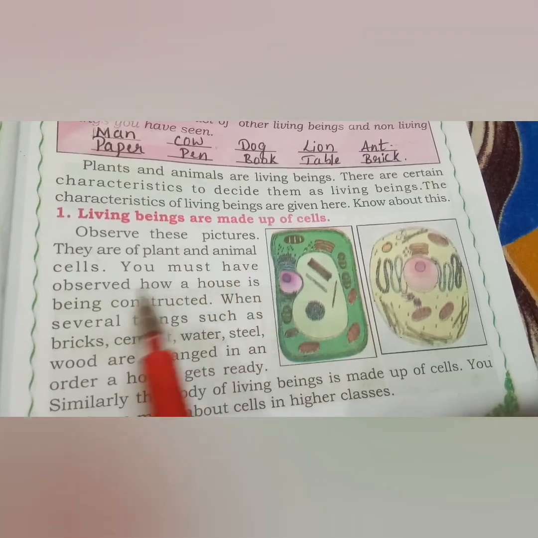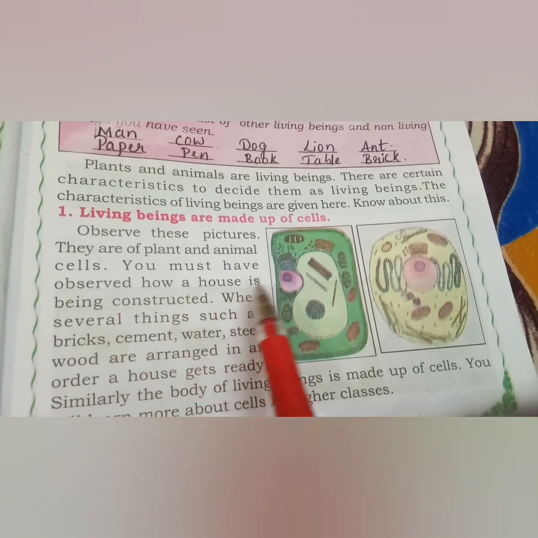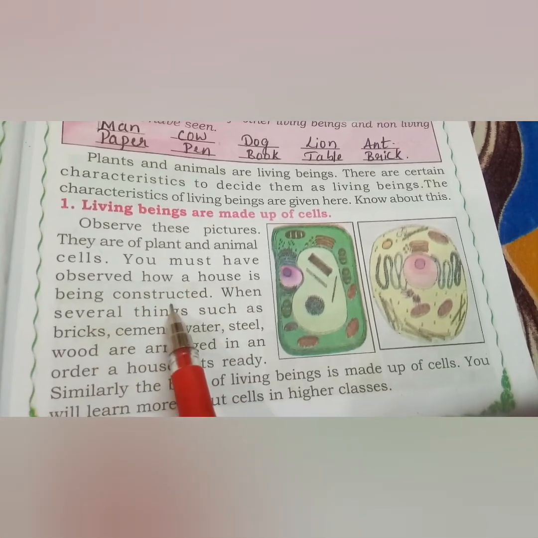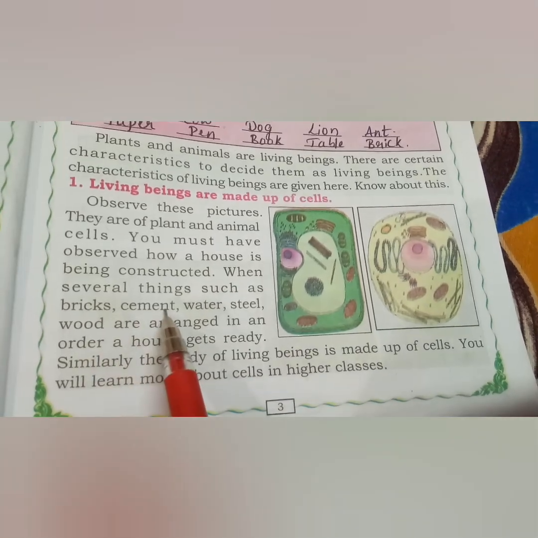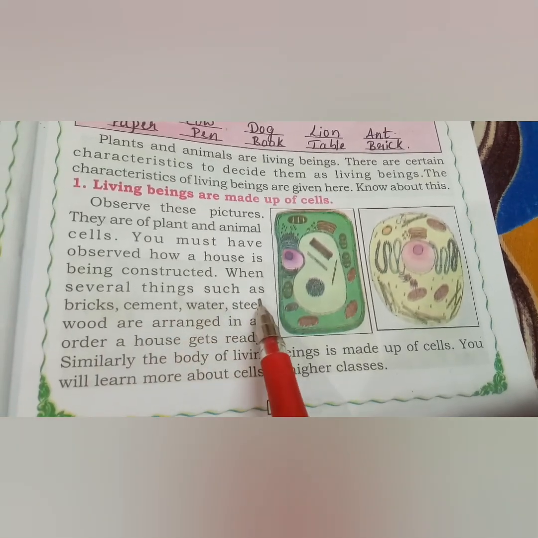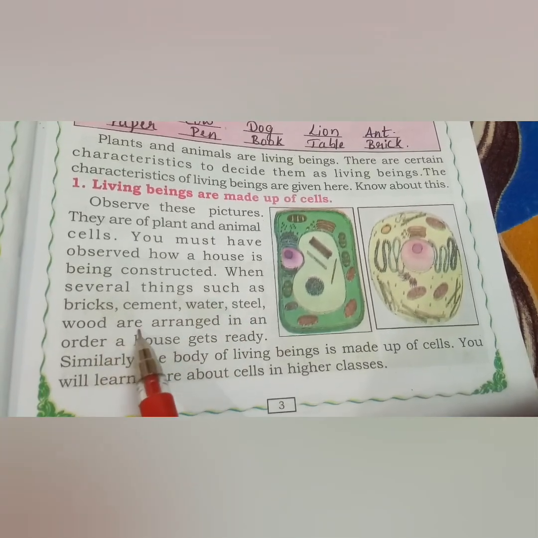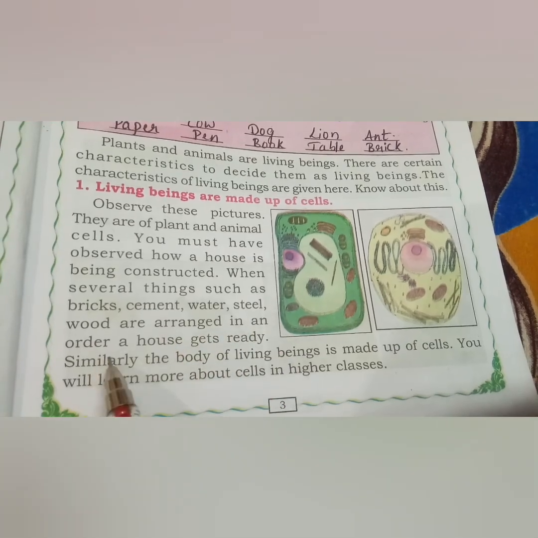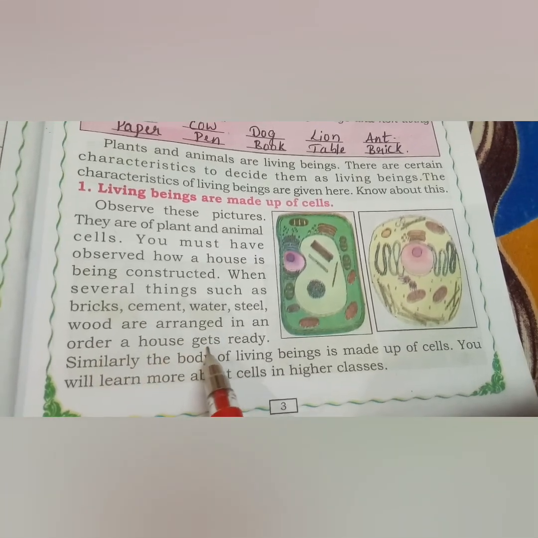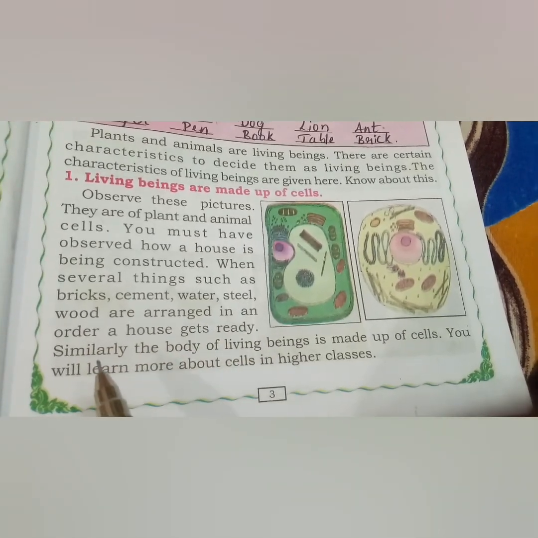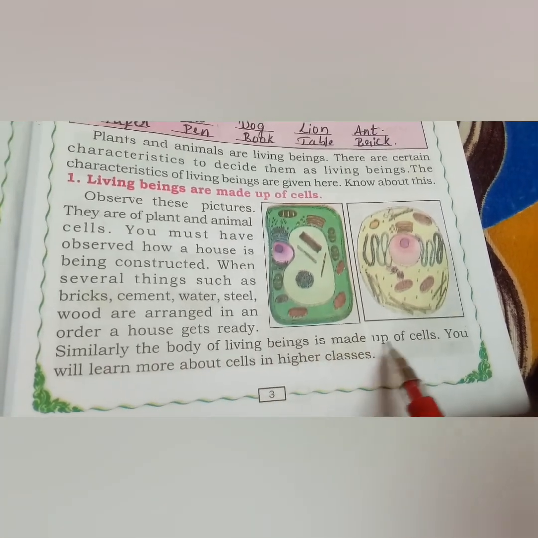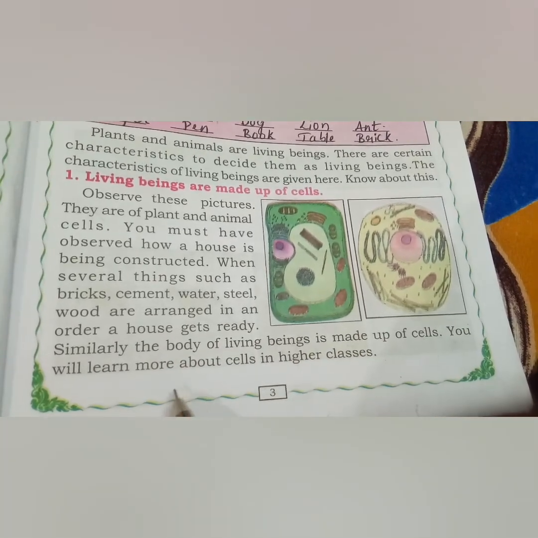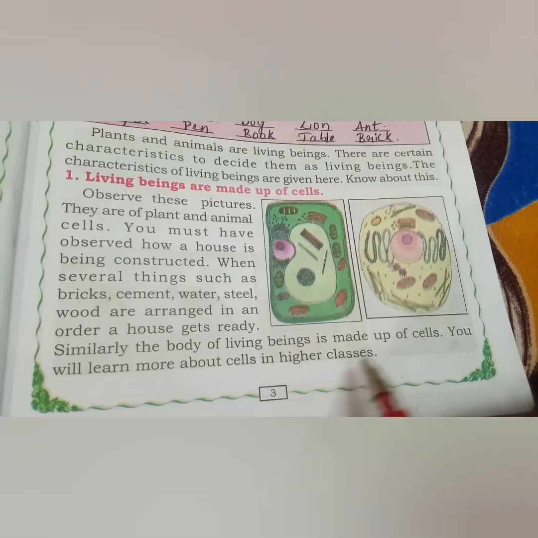You must have observed how a house is being constructed. When several things such as bricks, cement, water, steel, wood are arranged in an order, a house gets ready. Similarly, the body of living beings is made up of cells. You will learn more about cells in higher classes.